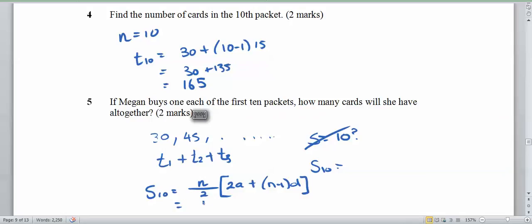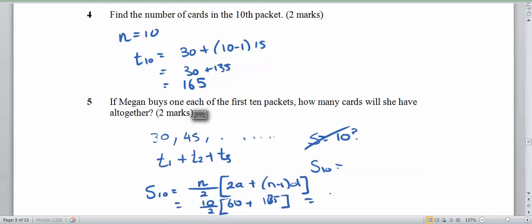So 10 over 2, 2a, which is 30 times 2, which is 60, plus 9 times the difference, 15, plus 165. No, sorry, 135.